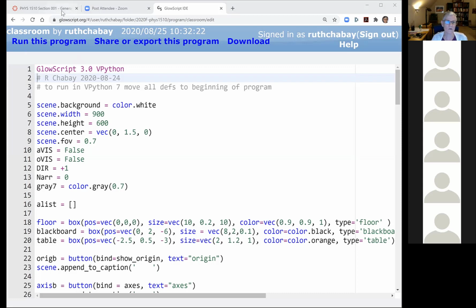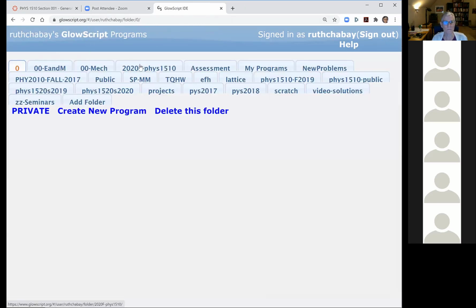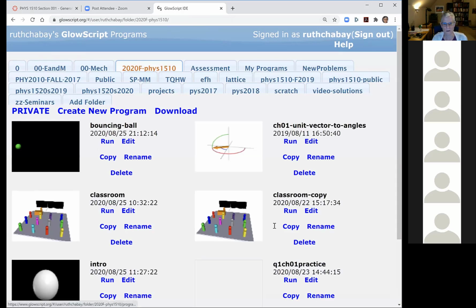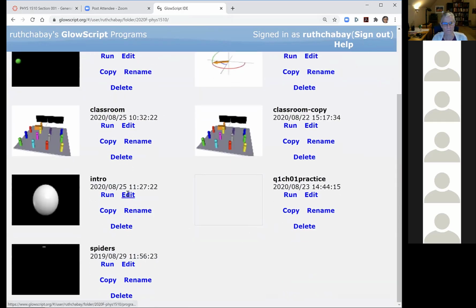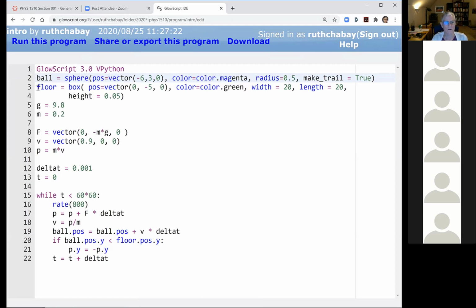In the model, the floor was just, so the graphics, let's go back to that model for a second here. So the statement that just said draw a box to represent the floor, that was just make a box. And what do you have to do to draw a box? Well, you have to tell the computer where to draw the box, how big it is, and what color it is.